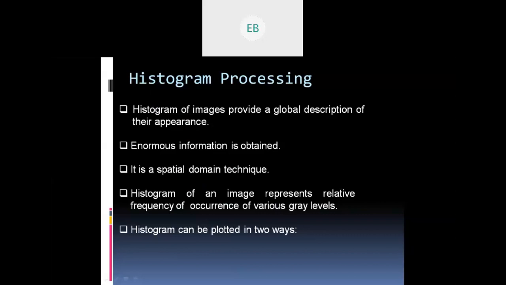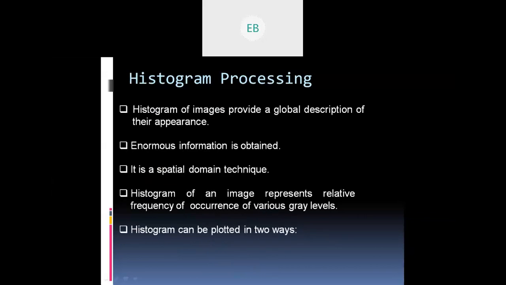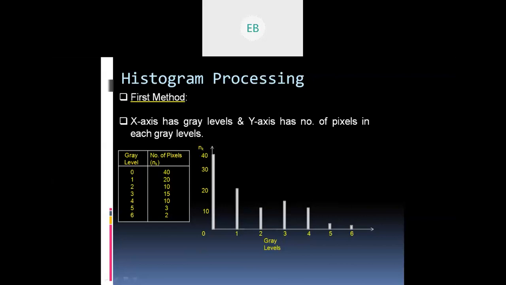It also applies a spatial domain technique. A spatial domain technique is a filtering process applied directly on the pixels of the image, right? It also represents the relative frequency of occurrence of various gray levels, that is, the various intensities of the gray levels of the image.